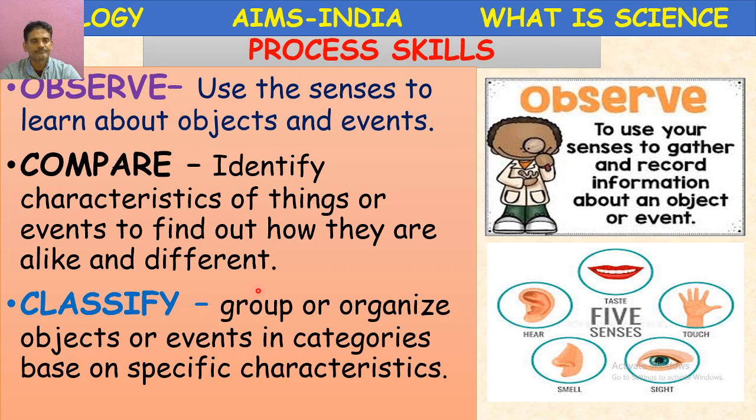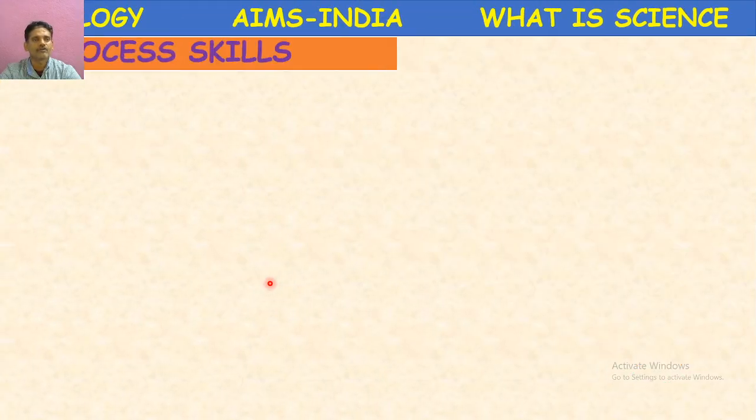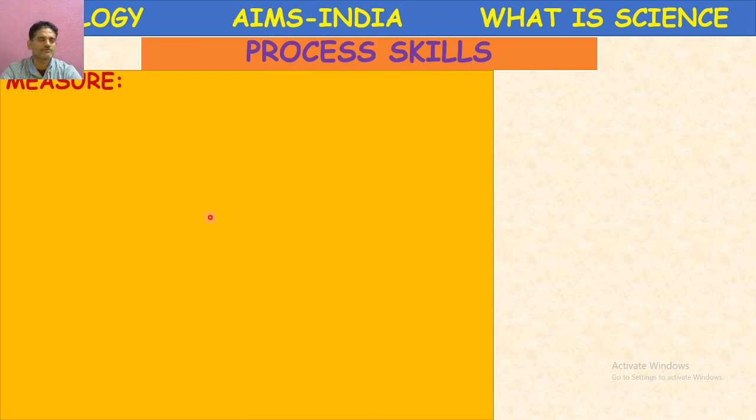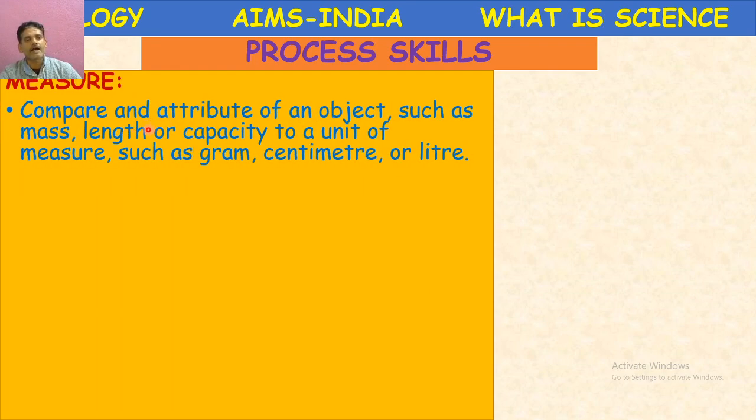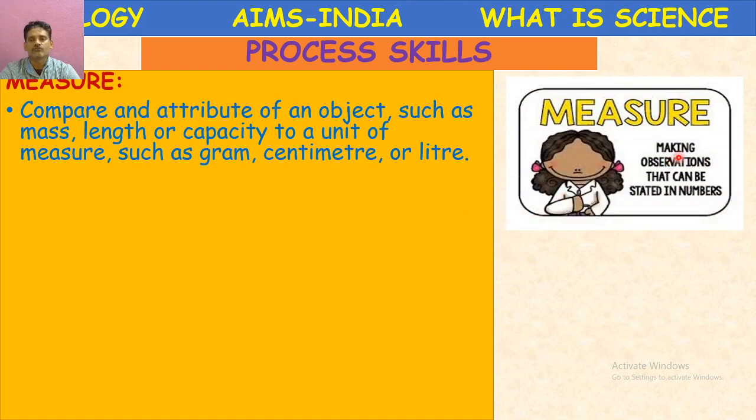Next, after classifying, the next process skill, which is very interesting: measure. Compare an attribute of an object such as mass, length, or capacity to a unit of measure such as gram, centimeter, or liter. What is measuring? Measuring is nothing but making observations that can be stated in numbers.